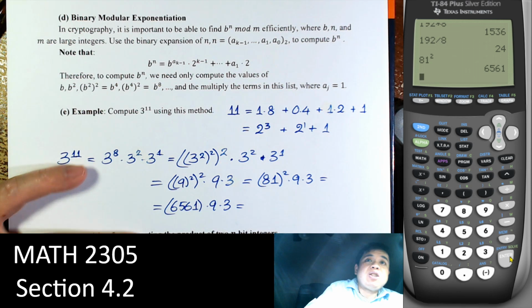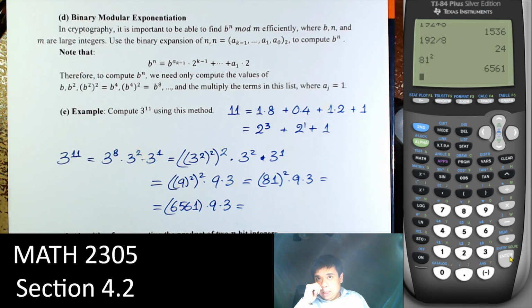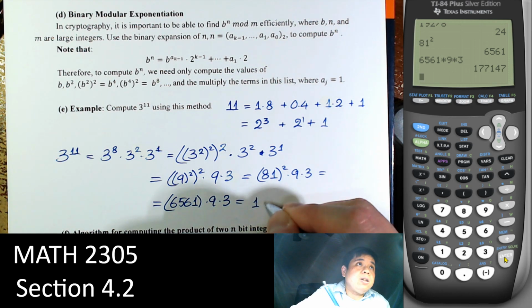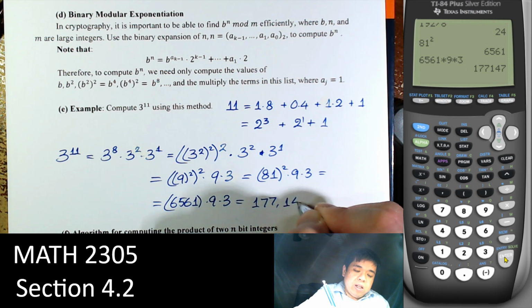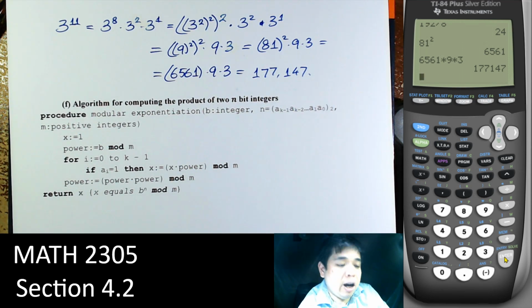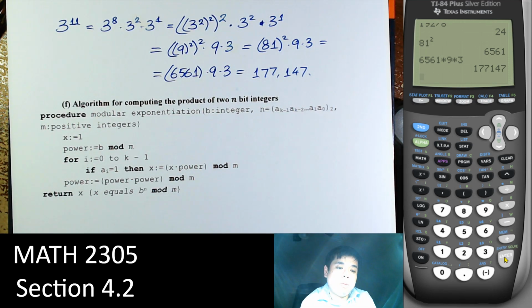So this is a faster way than taking 3 times 3 times 3, 11 times. The answer is 177,147. That's nice. Next is the algorithm for computing the product of two n-bit integers.